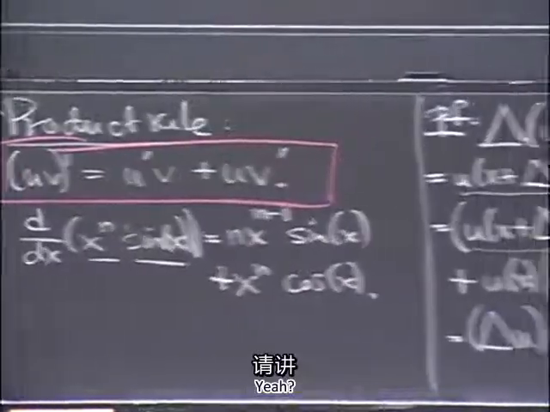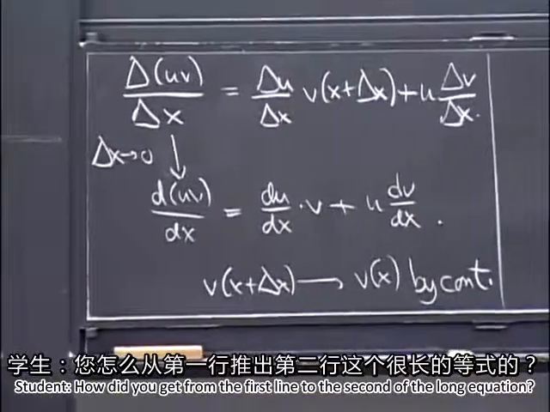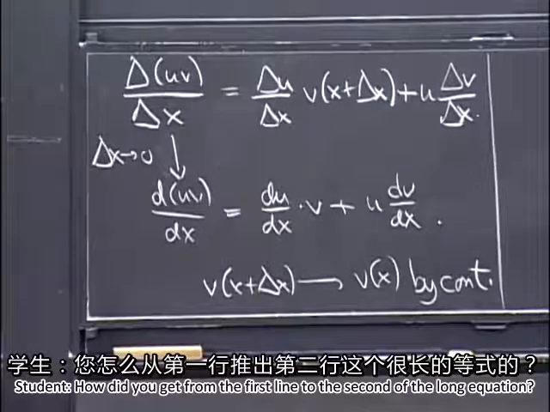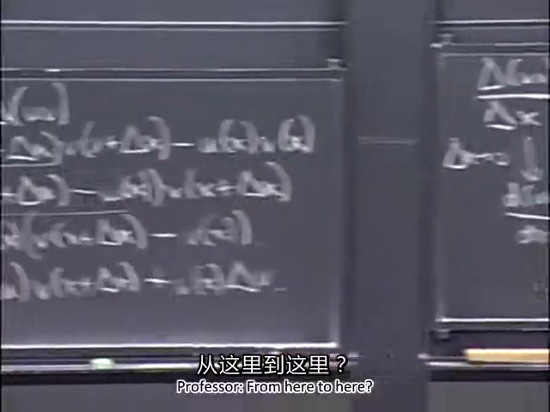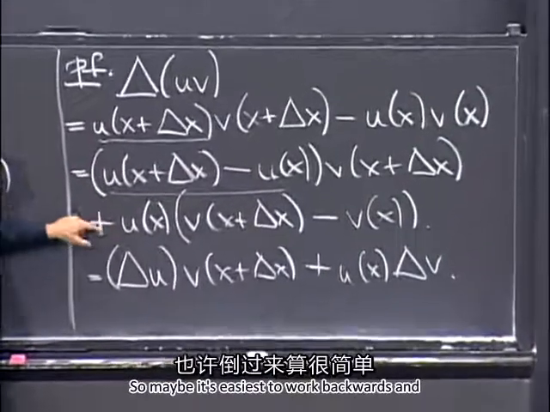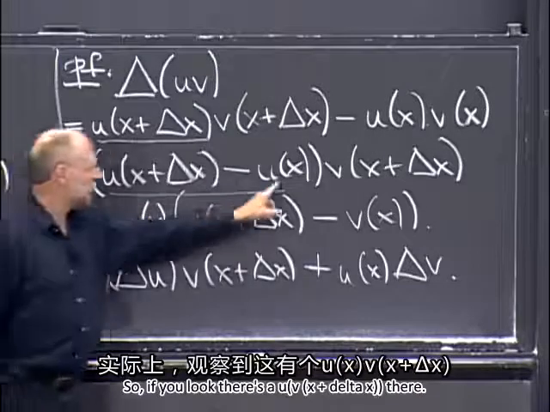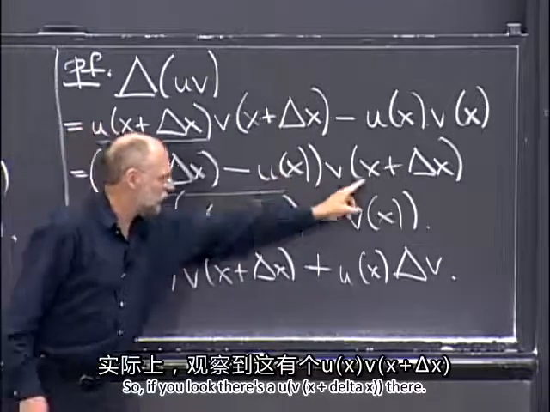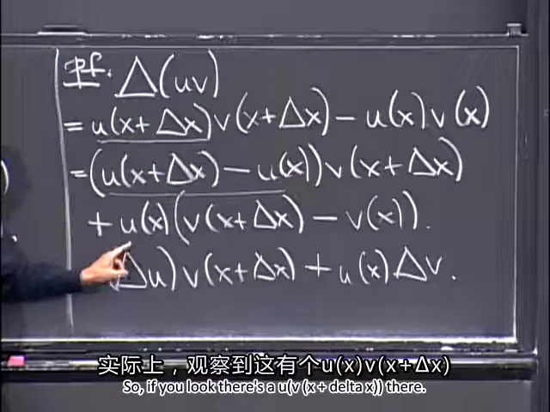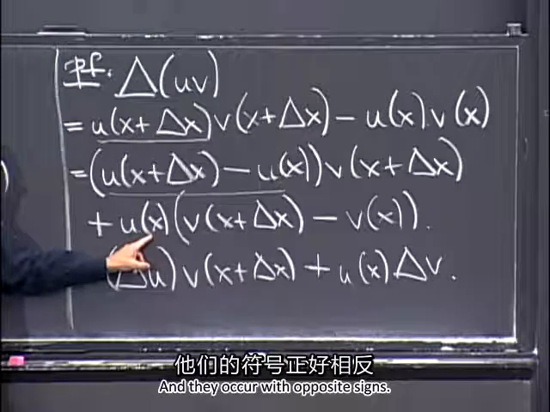Yeah? How did we get from the first line to the second of the long equation? From here to here? Yeah. Well, maybe it's easiest to work backwards and verify that what I wrote down is correct here. So if you look, there's a u times v of x plus delta x there, and there's also one here. And they occur with opposite signs.